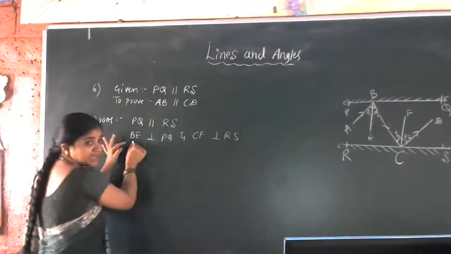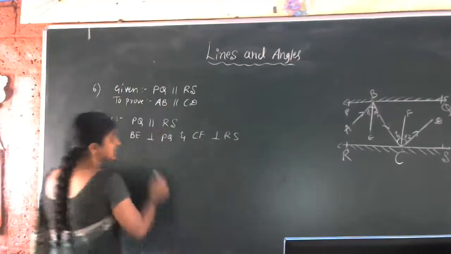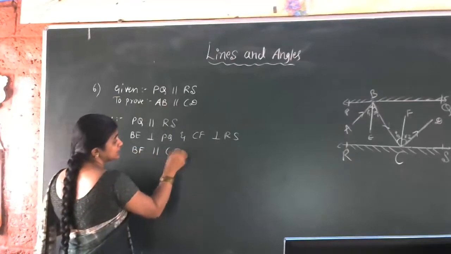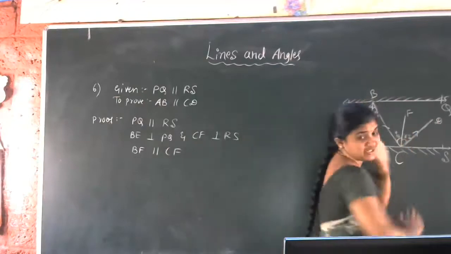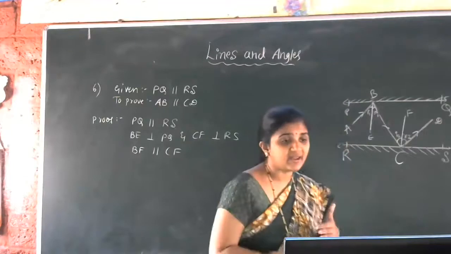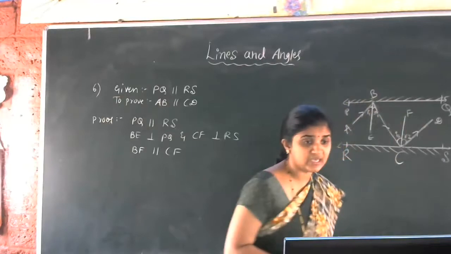If BE is perpendicular to PQ and CF is perpendicular to RS, then we can say that the BE line is parallel to the CF line, because they are perpendicular lines to the parallel lines.